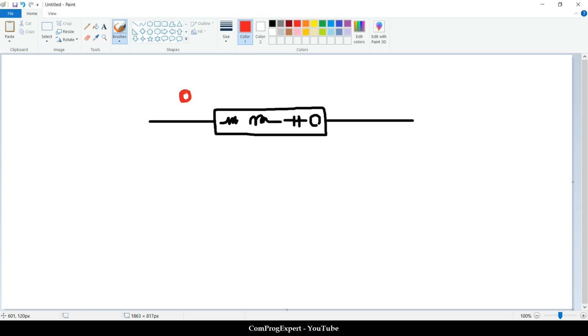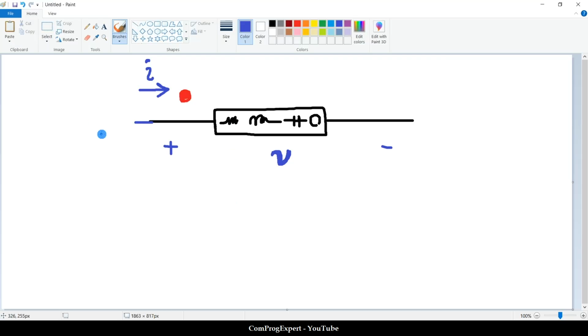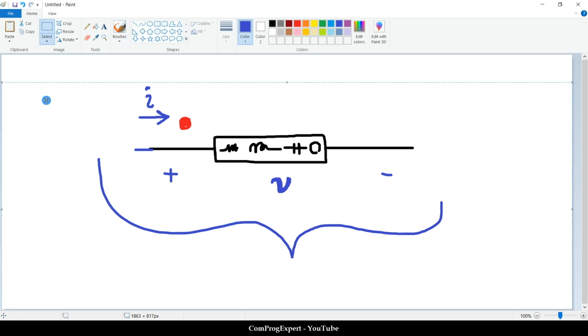The dot point is the point that current enters the element. So this is the current of the element, and the voltage of the element is the voltage of the dot point with respect to this one, V. So in the Simplorer, when we plot the voltage or current of each element, we should consider this convention.